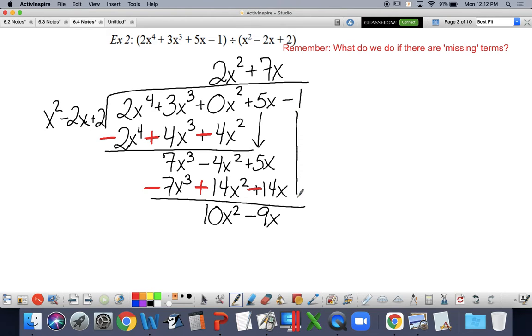Bring down my final term, negative 1. All right, what's my last number? 10. I need a 10, right? I need to get exactly 10x squared minus 20x plus 20.